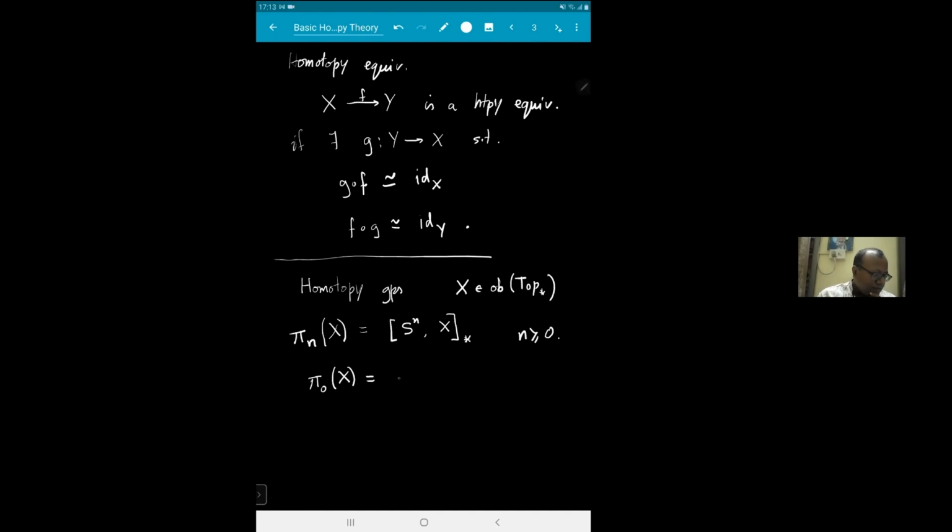So pi 0 of X is the set of path components of X, and pi 1 of X is called the fundamental group of X. It has a group structure, but the group is not abelian. But pi n of X is an abelian group if n is bigger than or equal to 2.